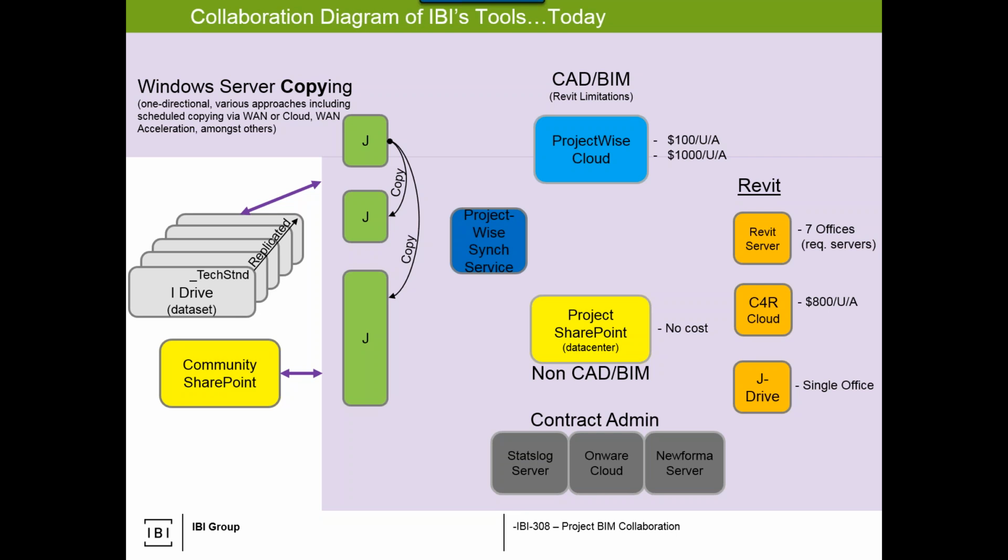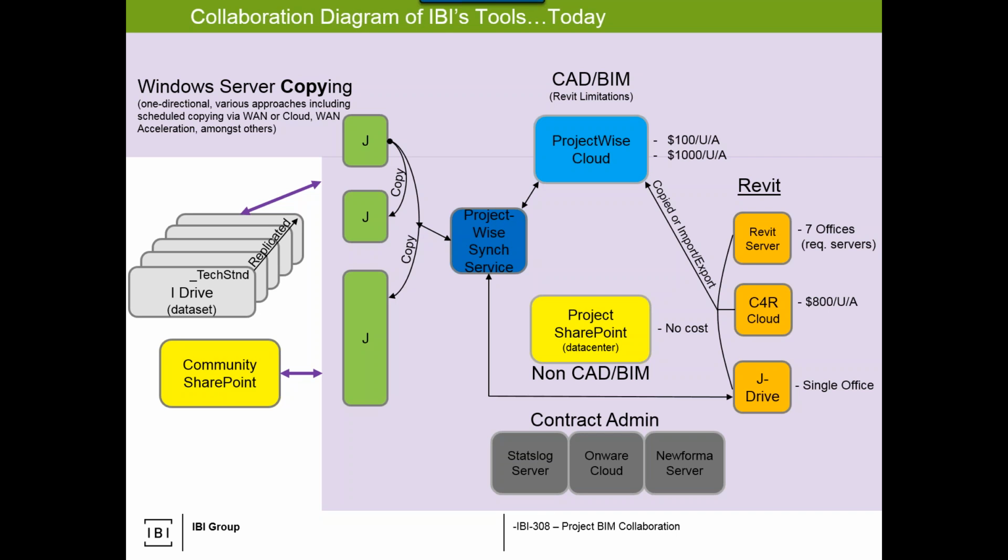We have a system called ProjectWise Sync Service that allows for synchronization of content to and from ProjectWise to other systems on the J drive. That's something that's in place in about 4 locations right now. It has its pluses, it has its challenges, but it's there.